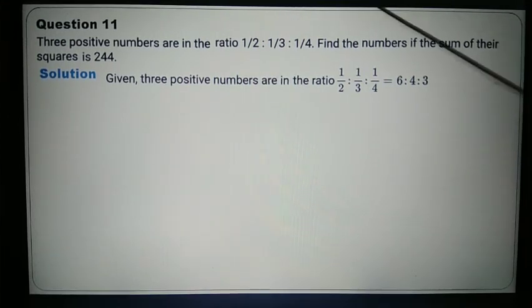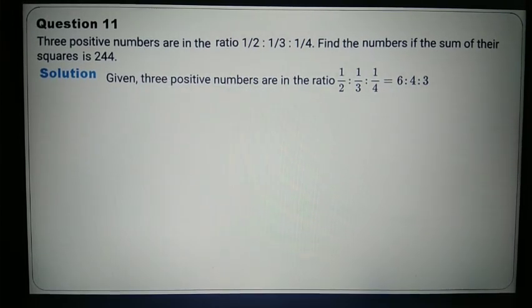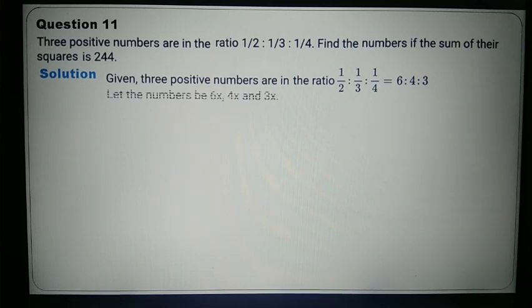So 3 numbers are in the ratio 6:4:3. Now the question says find the numbers if the sum of their squares is 244. So let the numbers be 6x, 4x and 3x, because they are in the ratio 6:4:3, that's why I'm taking the numbers to be 6x, 4x and 3x.